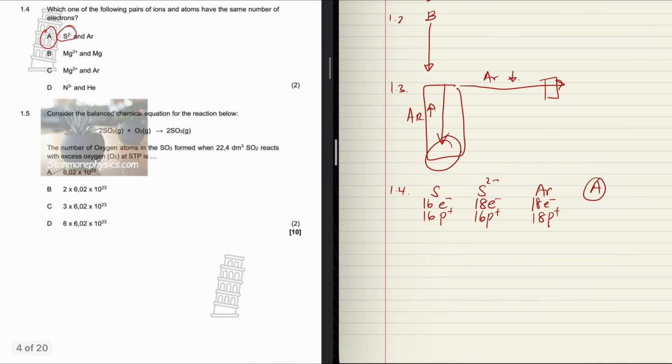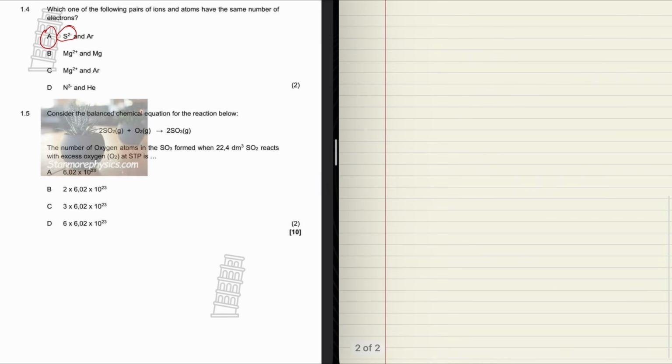Question 1.5, consider the balanced chemical equation for the reaction below. They ask us for the number of oxygen atoms in the SO3 formed when 22.4 dm cubed of SO2 reacts with excess oxygen at STP.